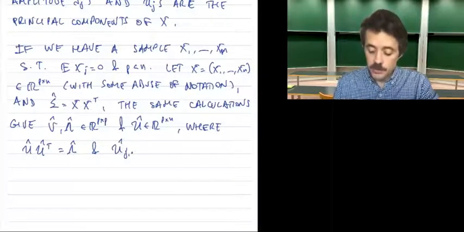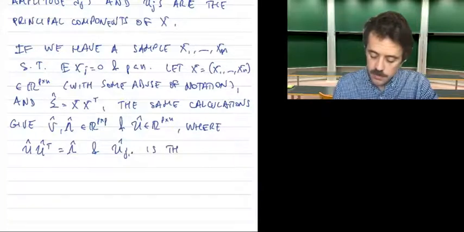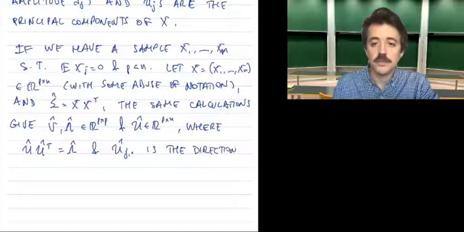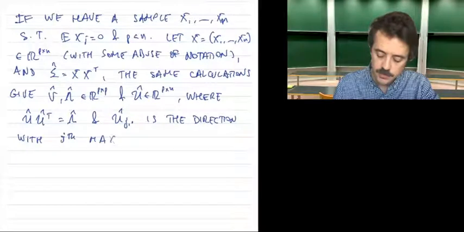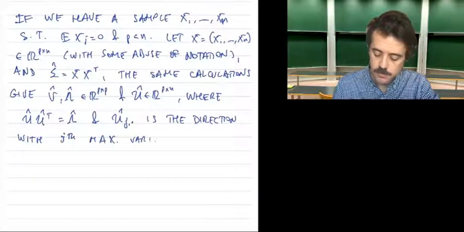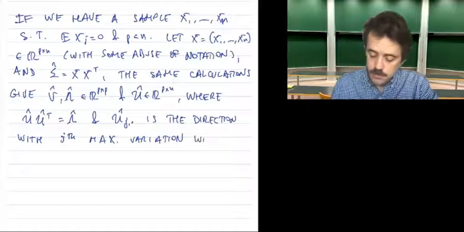So we have p rows, and the jth row is the direction with jth maximum variation within some space.